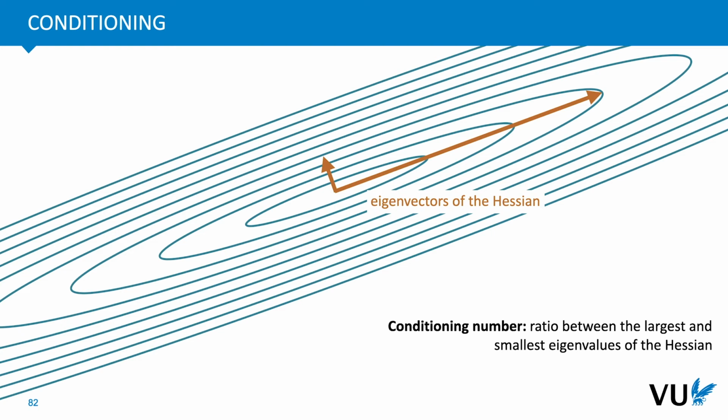That simply tells us, for this particular function, how much it looks like a ravine. So the bigger the ratio is between these two arrows, the more poorly conditioned our Hessian is. And if the Hessian is poorly conditioned for a function that isn't a parabola, then we know that locally this is what the function looks like. If we have locally a poorly conditioned Hessian, we find ourselves in a ravine.